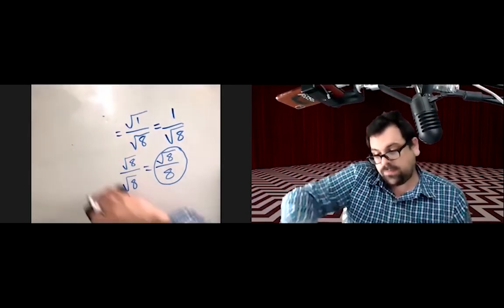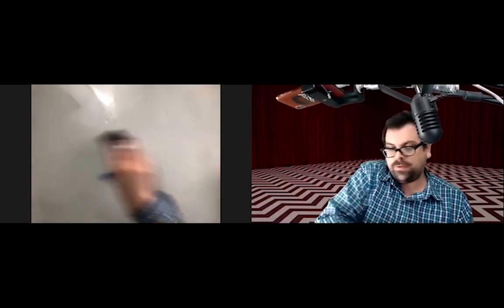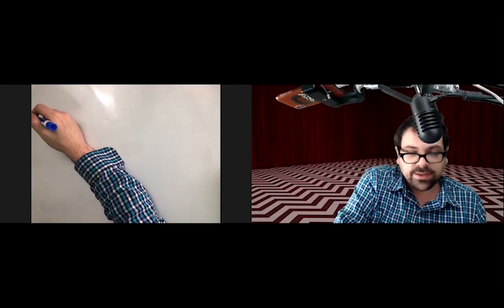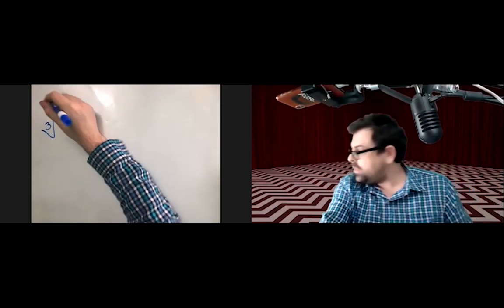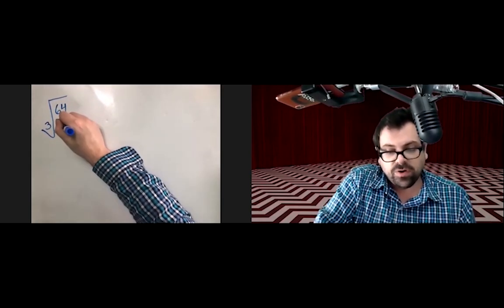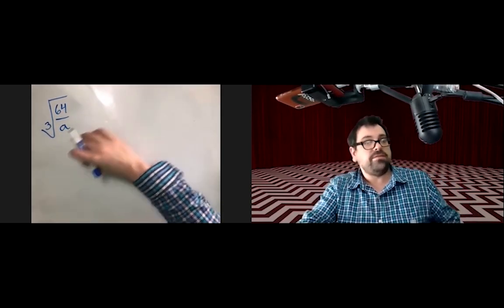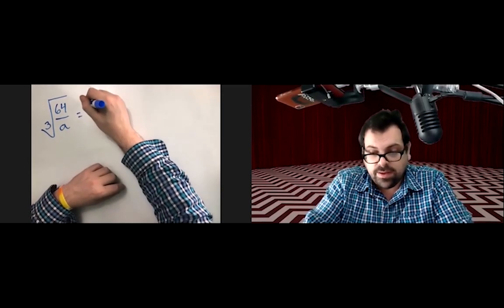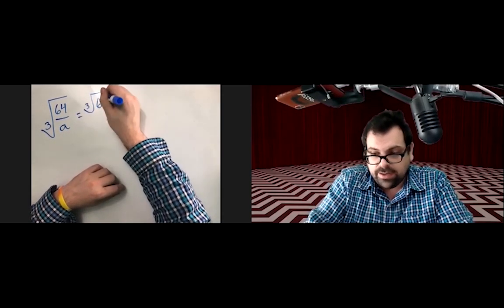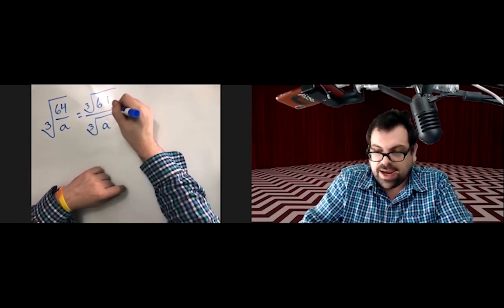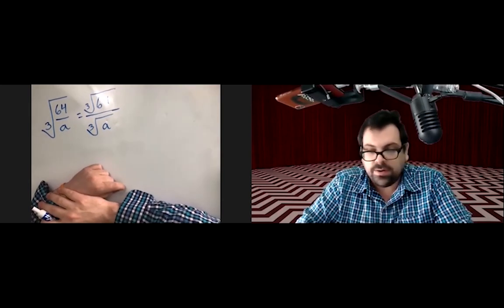Cube root. Let's look at the cube root of 64 over a. Again, fractions inside of the radicals means that hiding is a radical in the denominator.